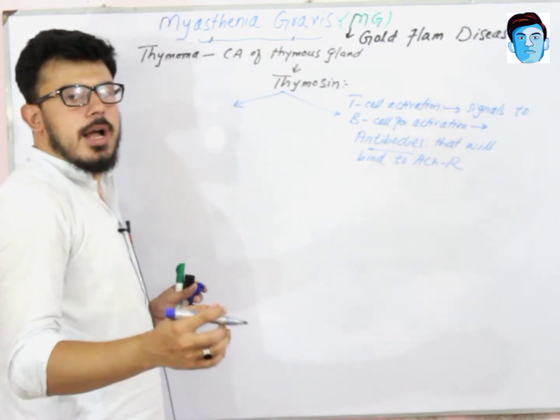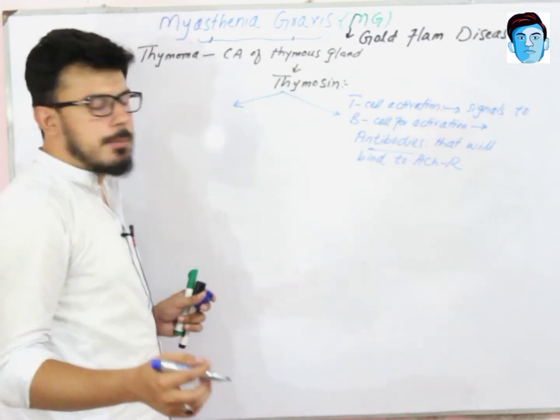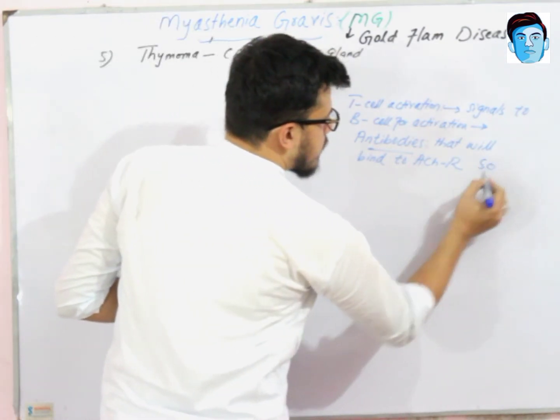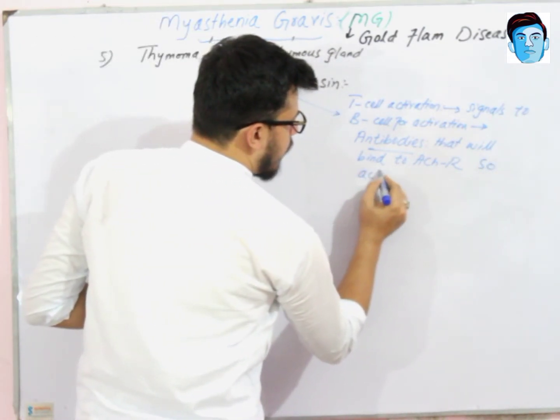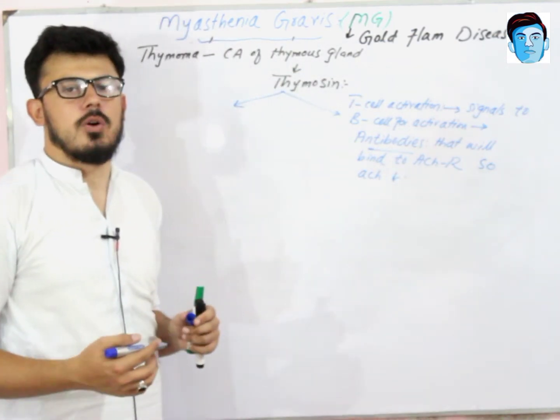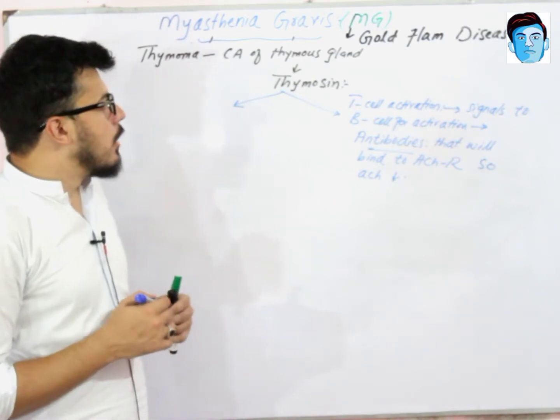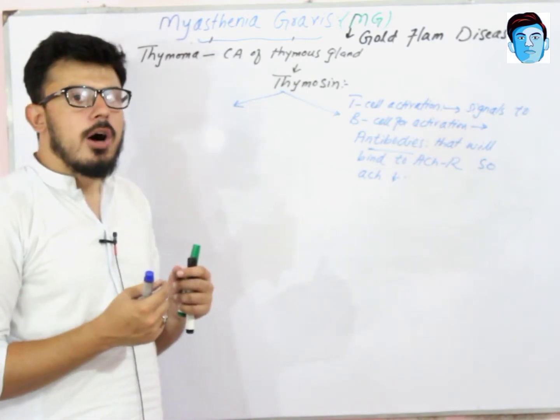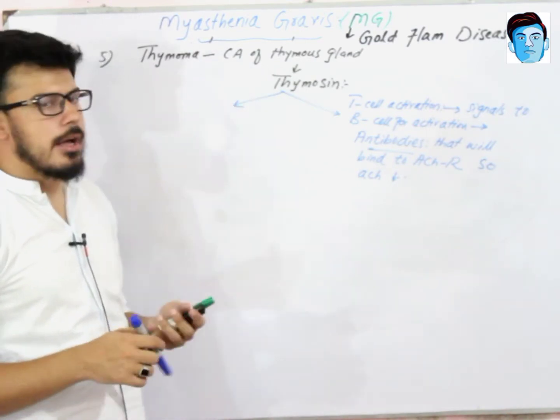If these antibodies bind to acetylcholine receptors, ultimately the acetylcholine level will decrease because the binding site of acetylcholine is no longer there. This is the first way thymosin causes myasthenia gravis.